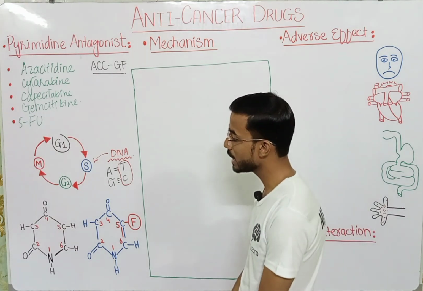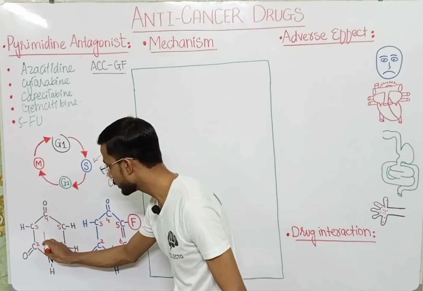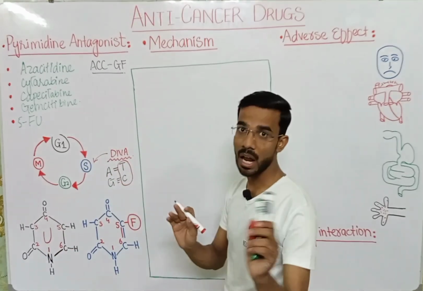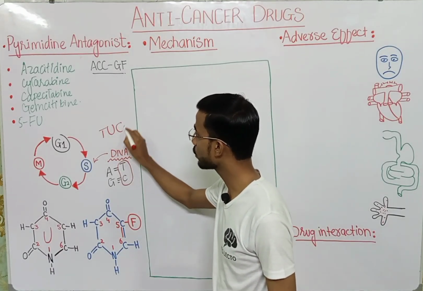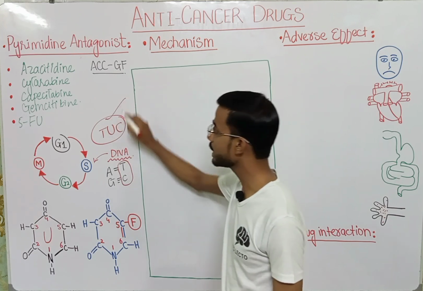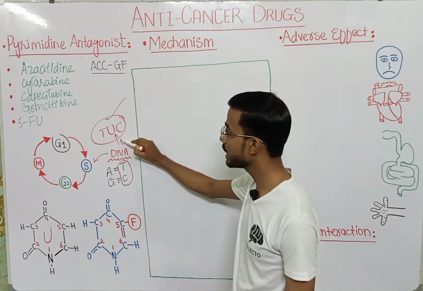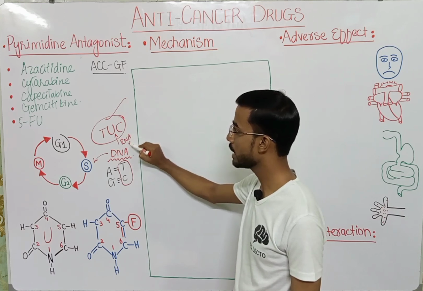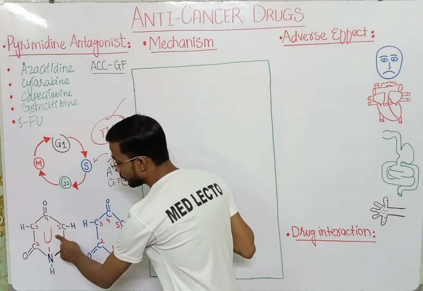This is the structure of uracil. Uracil also falls in the pyrimidines: thymine, uracil and cytosine. But uracil is actually present in the RNA. Here is the difference.